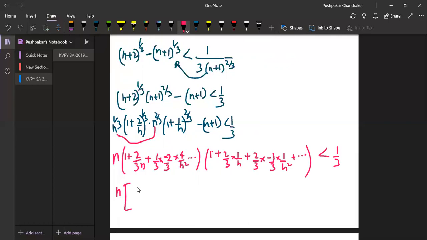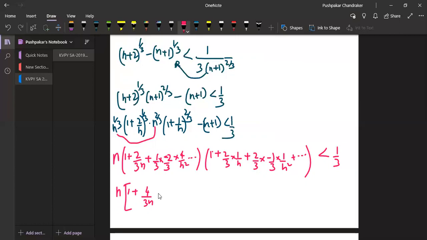Yes. When you multiply, you multiply constant first, you get 1 plus other terms. Let us see 1 by n. Which terms will give 1 by n? So 1 times this will give, and this into this. So you'll get 4 by 3n, positive term. Next is the 1 by n square term. So you have to multiply 1 into this, 1 into the 4 by n square term, with this one.